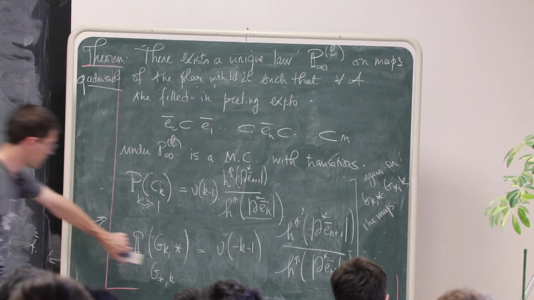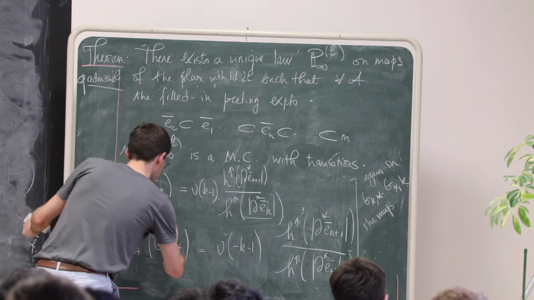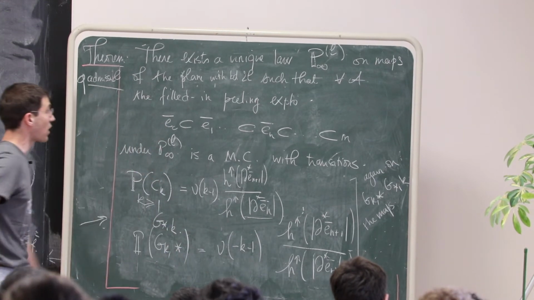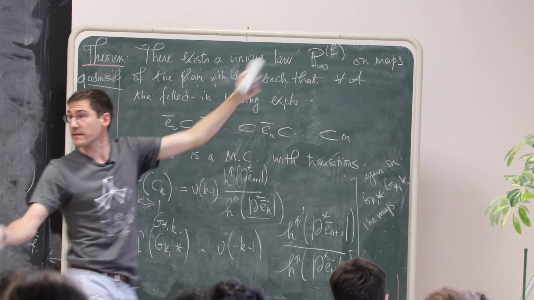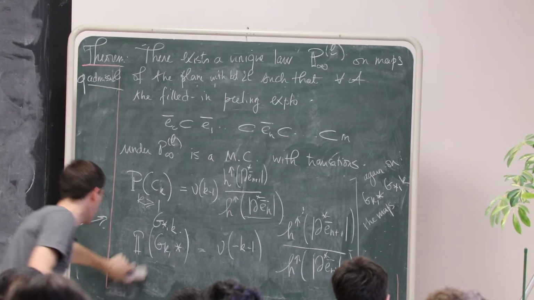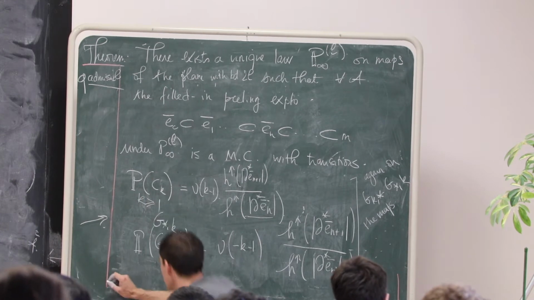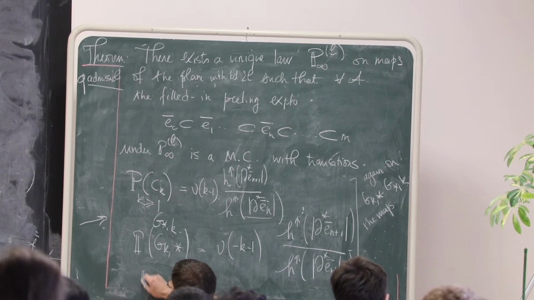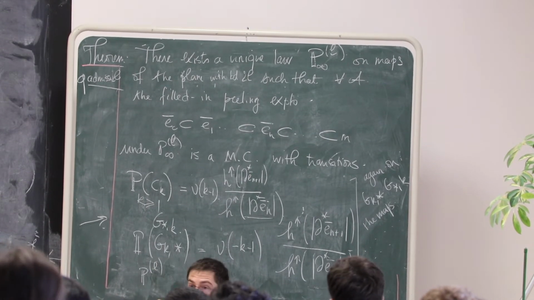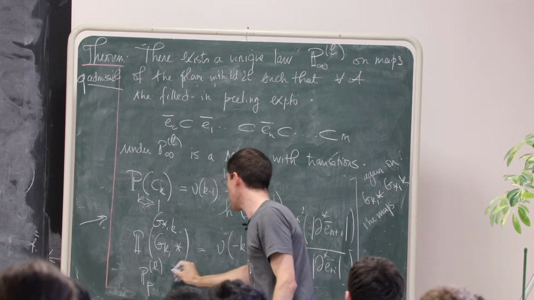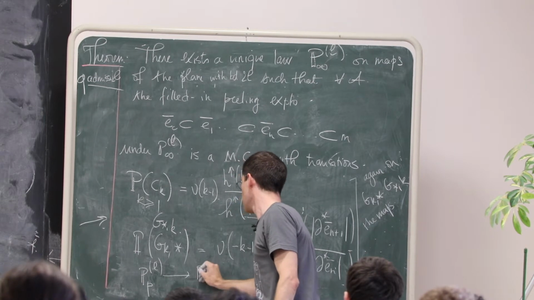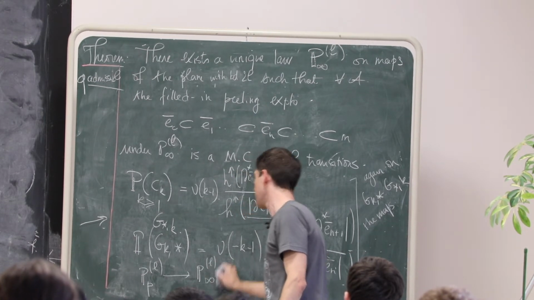And last point of the theorem, this law appears as a weak limit. So, second point of the theorem, if you start from a Boltzmann map with perimeter L and target face P, when P goes to infinity, you converge towards this law P_L infinity.